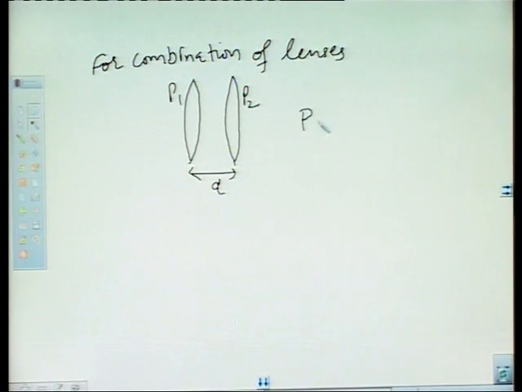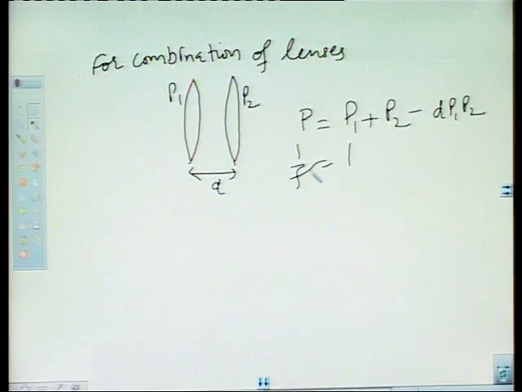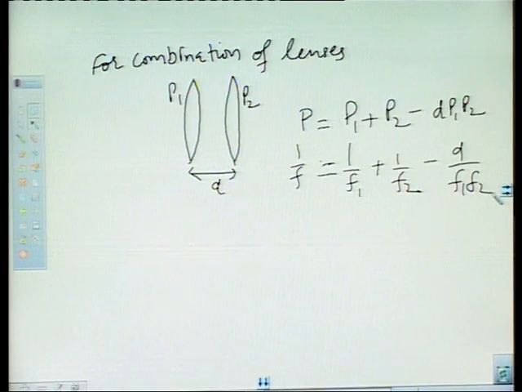Then the total power is given by P1 plus P2 minus d P1 P2, and the focal length is 1 upon F is equal to 1 upon F1 plus 1 upon F2 minus d upon F1 into F2. So this is the power for the combination of lenses.